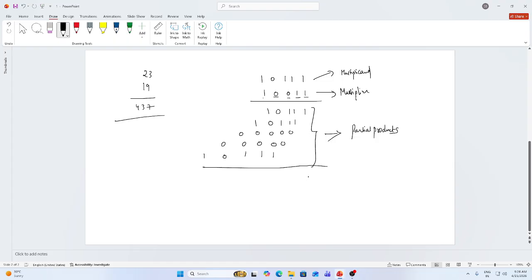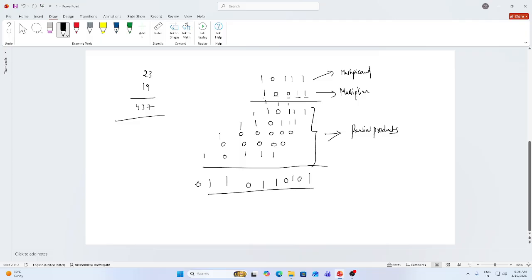If you add them, you get 1 1 0 1 1 0 1 0 1. Counting the bits, 1 2 3 4 5 6 7 8 9, this is nothing but 10 bits.